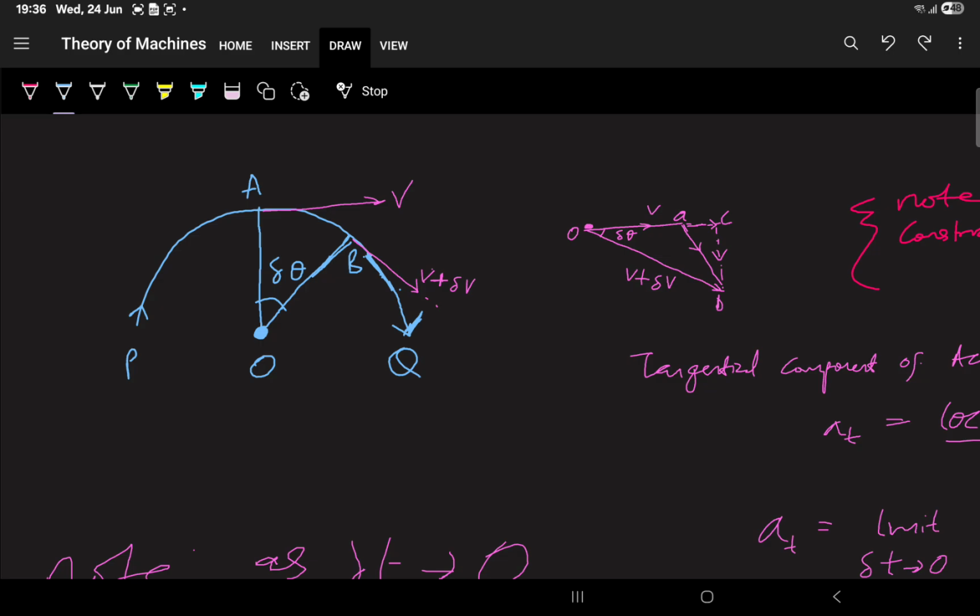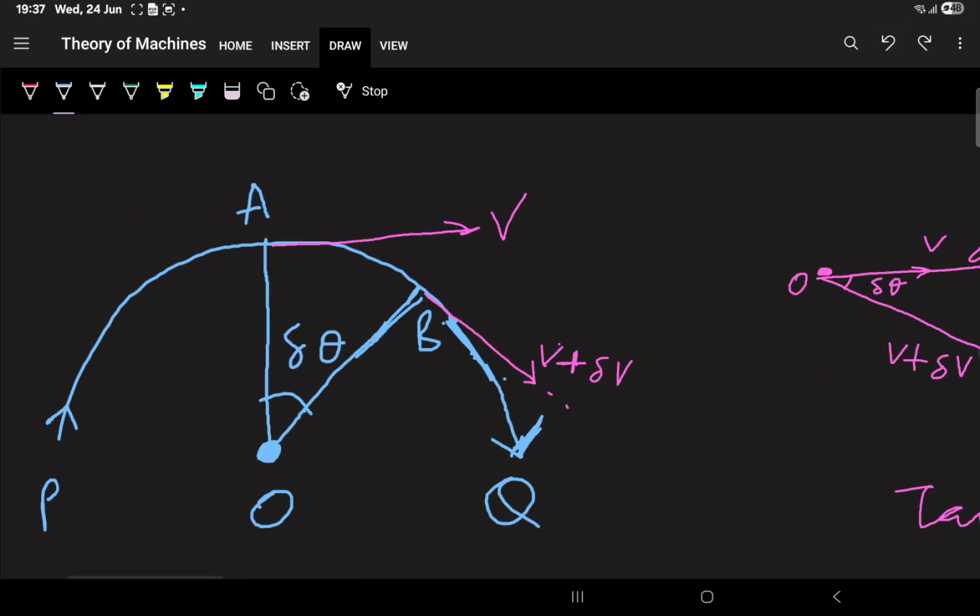Now imagine you have a string, you're holding out a string and you're holding it at this point, and this is the length of the string right here, and you're swirling maybe a stone which is attached to the string, and it's going in this path.